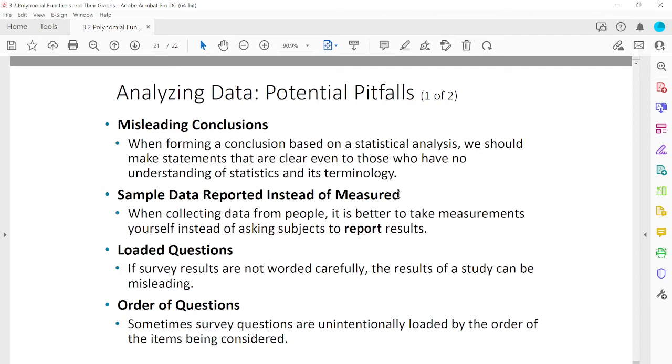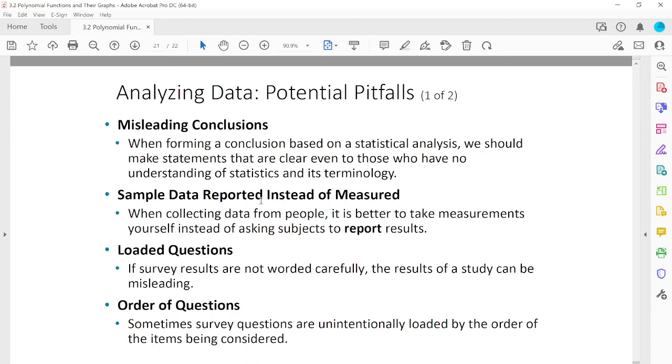When forming a conclusion based on a statistical analysis, we should make statements that are clear even to those who have no understanding of statistics and its terminology. While asking the question, we have to make sure that whoever is answering understands the question very carefully.